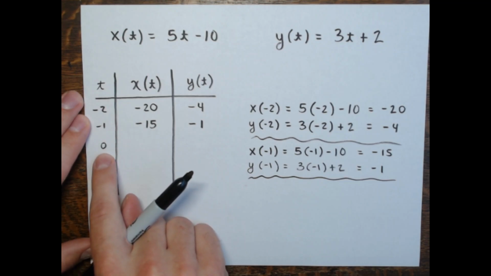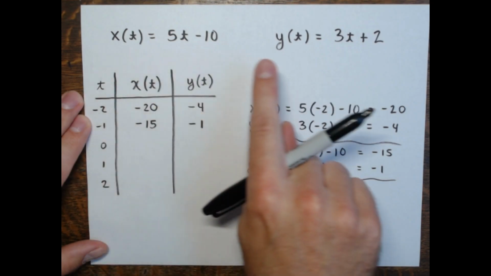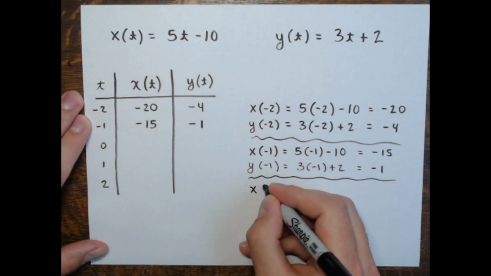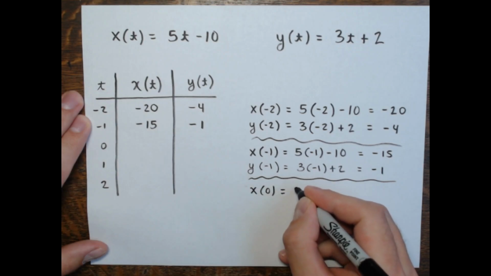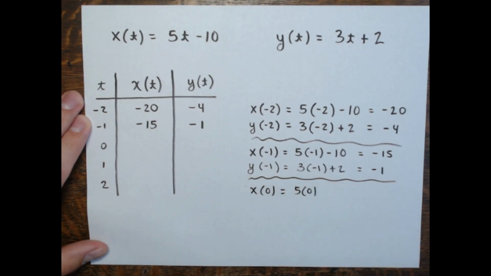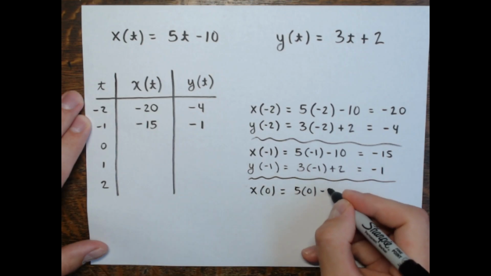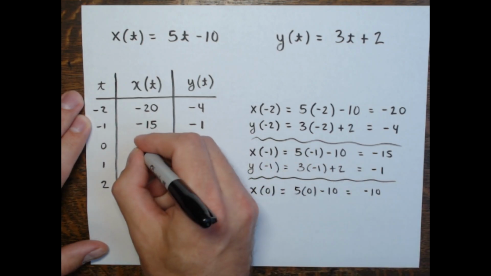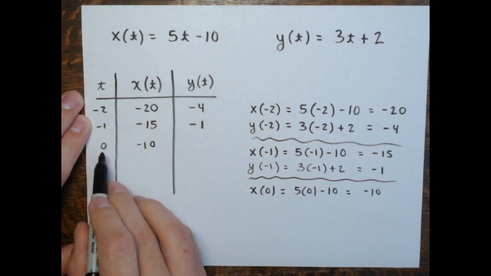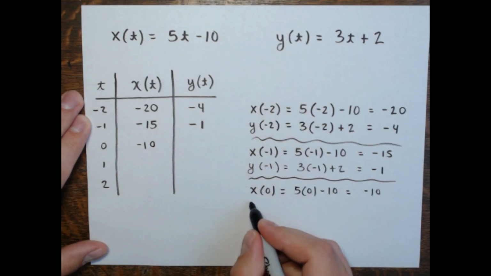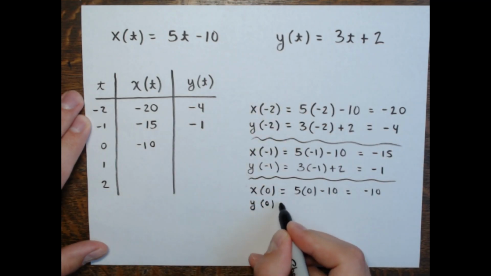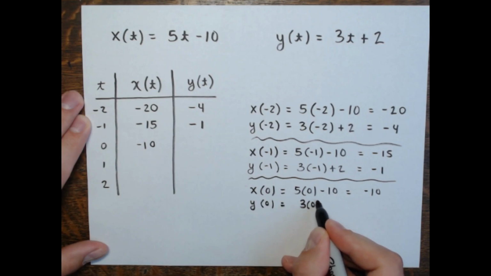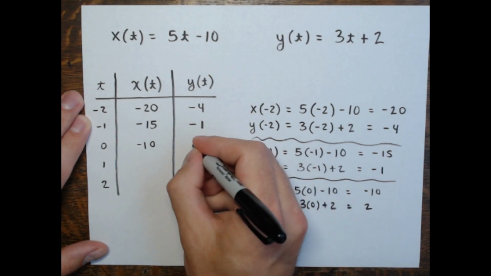Now when the value of t is 0, going into my x and y rules, the value of x at 0 is 5 times 0 minus 10, which is 0 minus 10, which is -10. So that's going to go here. And when t is 0, the value of y at 0 is 3 times 0 plus 2, which is 0 plus 2, which is 2.